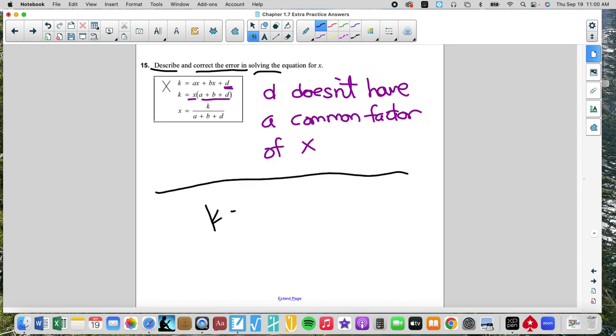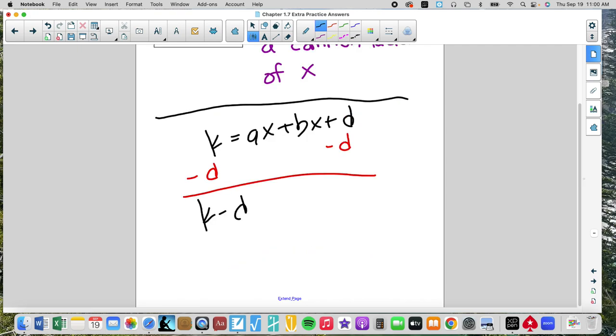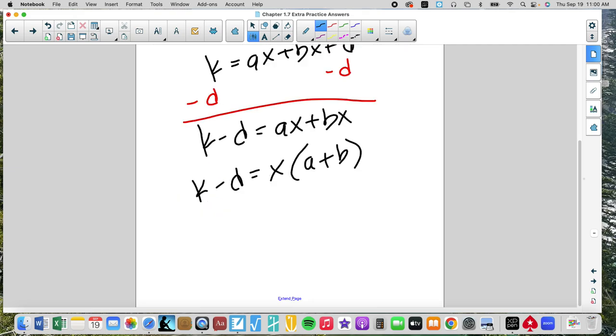So we have k equals ax plus bx plus d. How might we fix it? Well, we'll move the d first. And we will get k minus d equals ax plus bx. And now we're going to factor out an x, because a and b have that common factor.